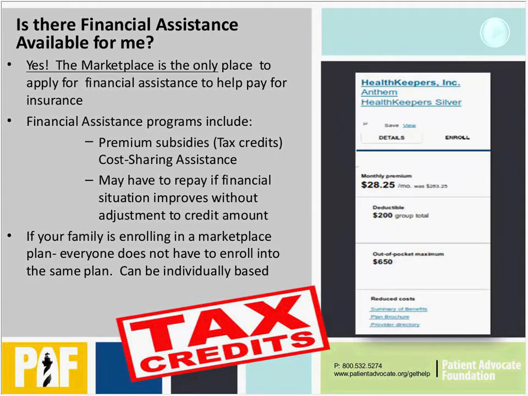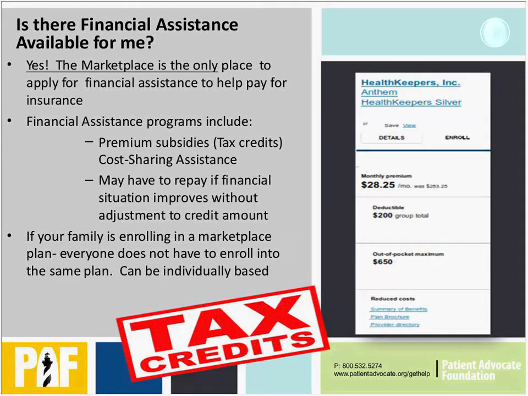I do want to point out that you may have to repay some of this if your financial situation improves during the year. If that happens, it's important to contact the marketplace and let them know so that they can adjust your tax credit or your cost-sharing assistance in the middle of the year, so that you won't have any amount due at the end when you file your taxes.